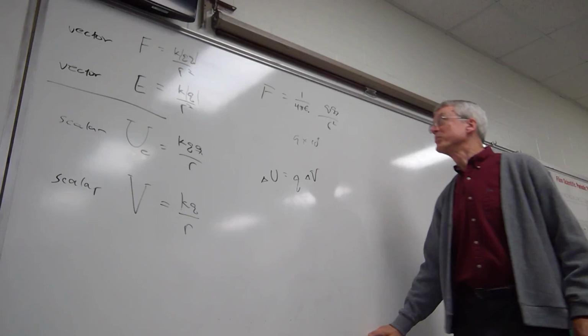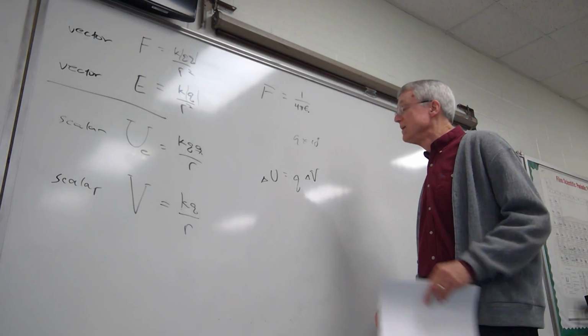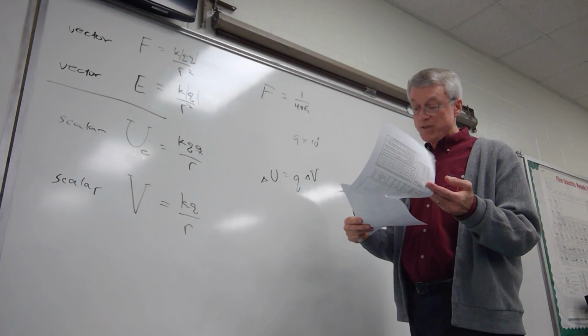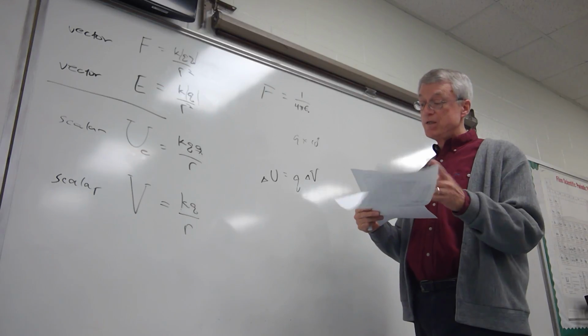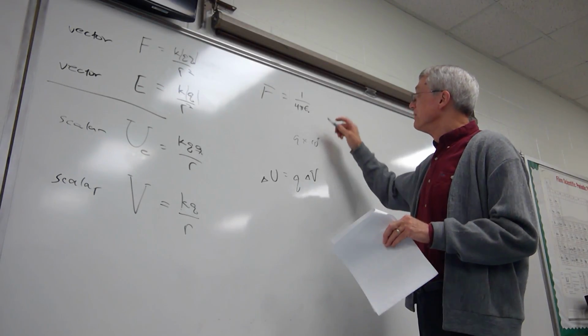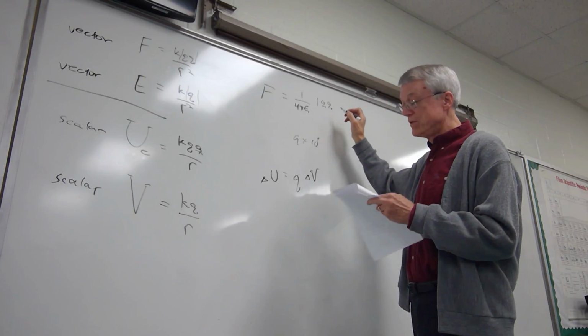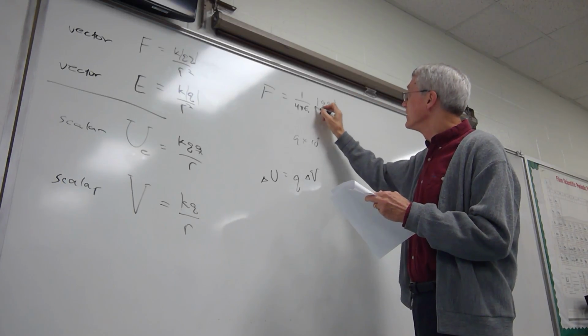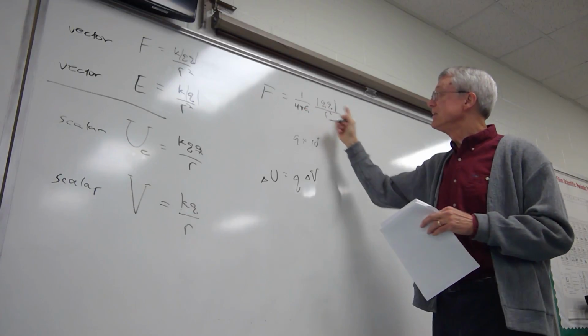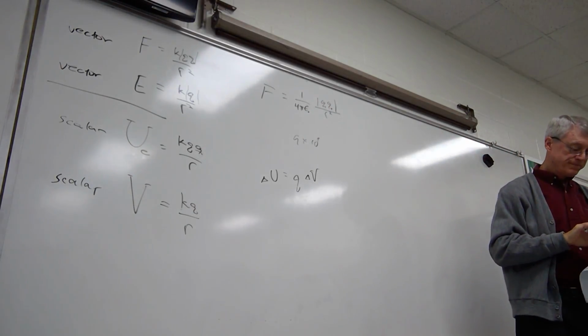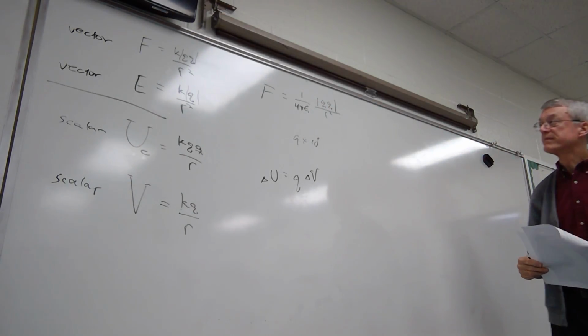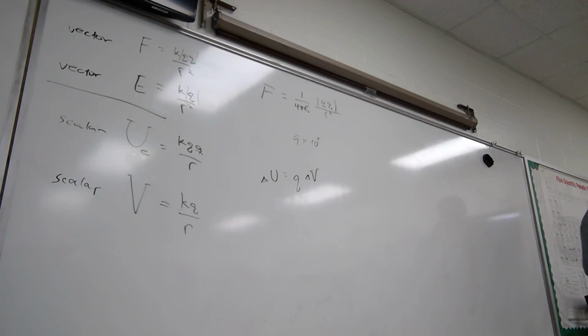Yes, I wrote it pretty badly. The way it's printed is yes. Absolute value bars Q1, Q2 over R squared is written like that. That's the whole thing.